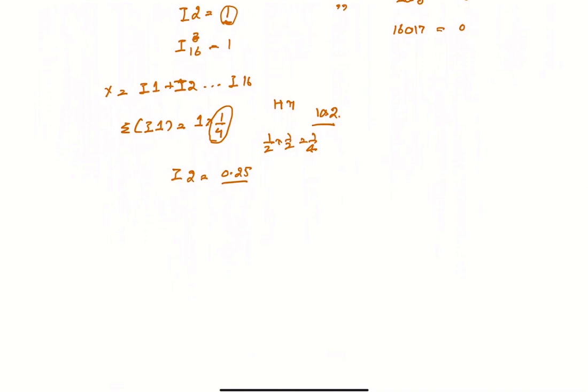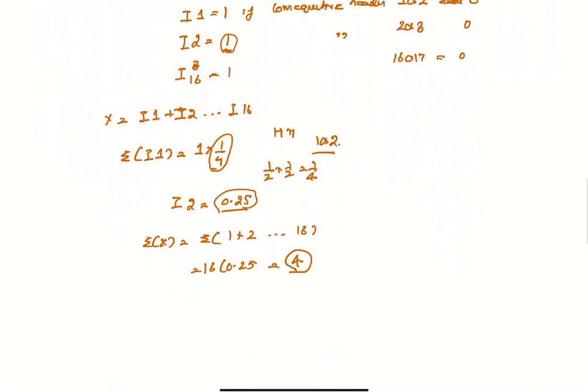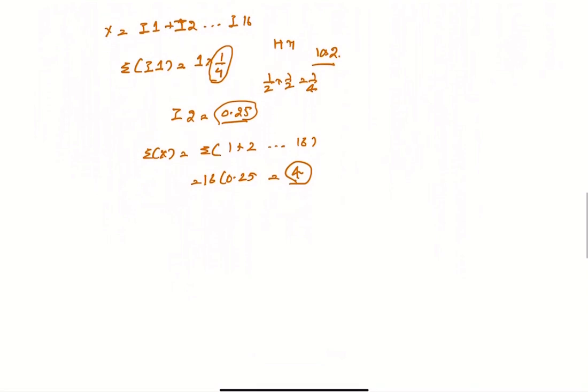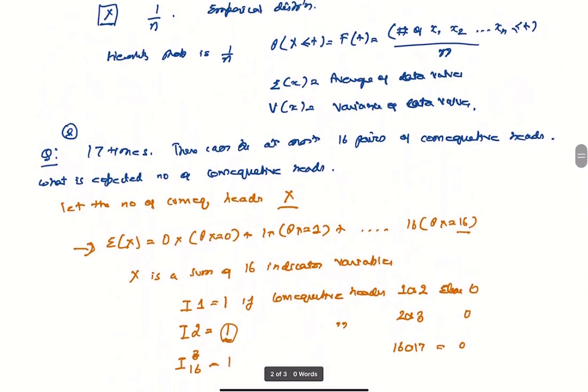So the expected values of all are 0.25. So the expected value of x becomes the expected value of I1 plus I2 all the way to I16, which is 16 times 0.25. This is going to be 4. So this is the expected number of pairs of consecutive heads.